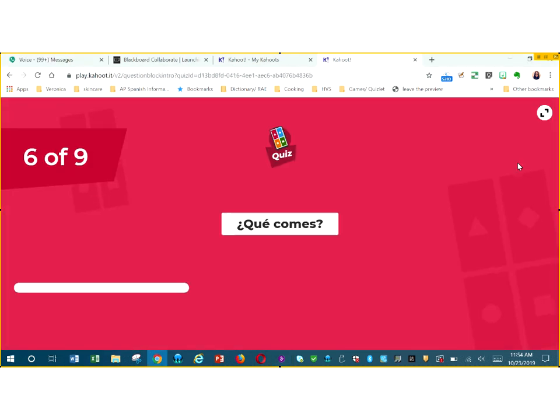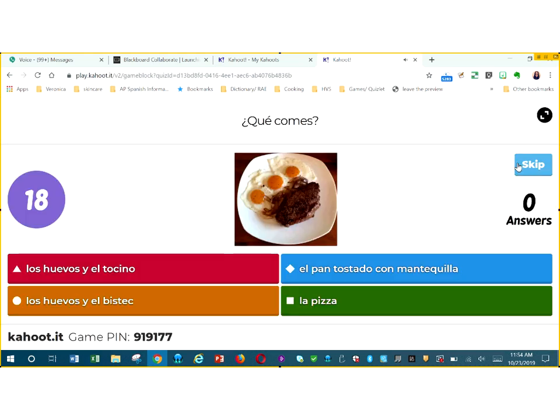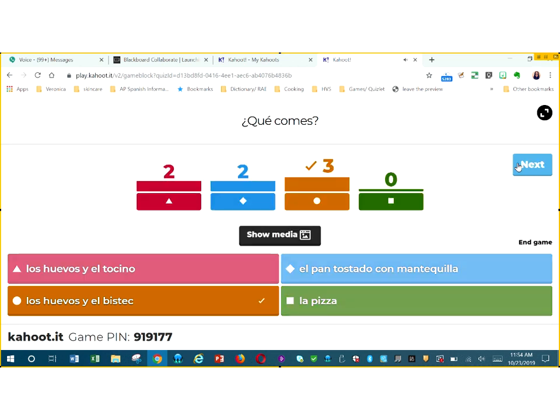Then we have 6. ¿Qué comes? Los huevos y el tocino, los huevos y el bistec, el pan tostado con mantequilla, which is vocabulary on the breakfast food, and la pizza, which is in the lessons. That's in part 2. So a lot of this vocabulary is in part 2.